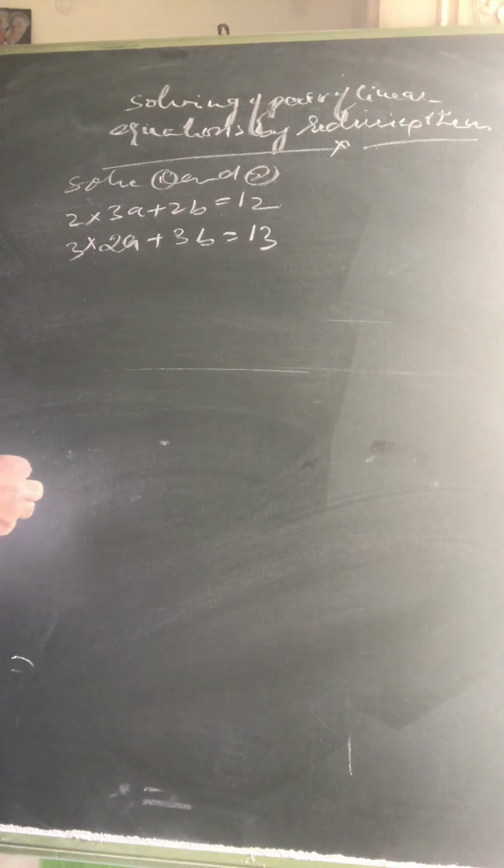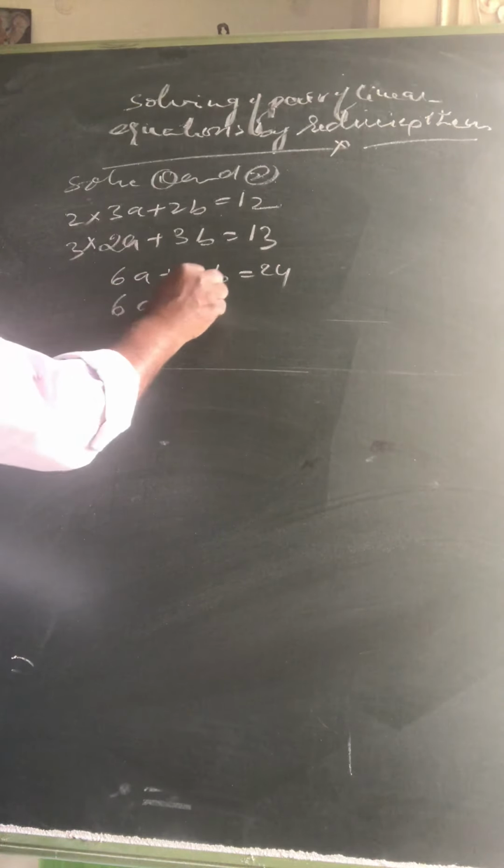You know that generally I said you have to use the elimination method for this. Multiply by 2 and multiply by 3 to make the a terms equal. 6a plus 4b is equal to 24, and 6a plus 9b is equal to 39.